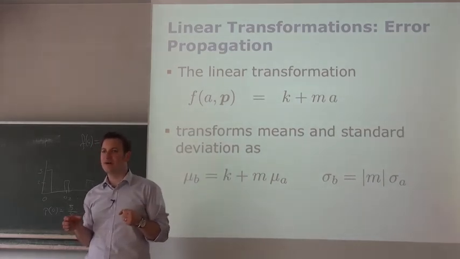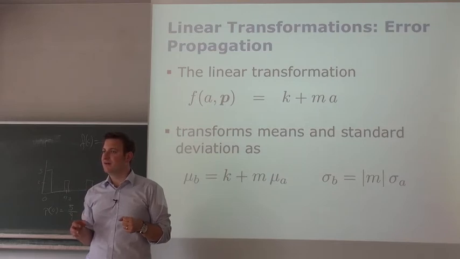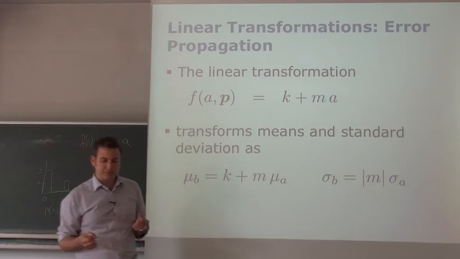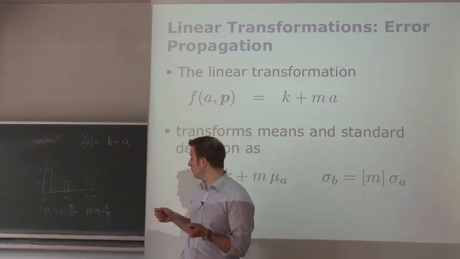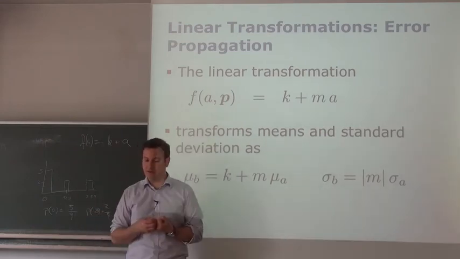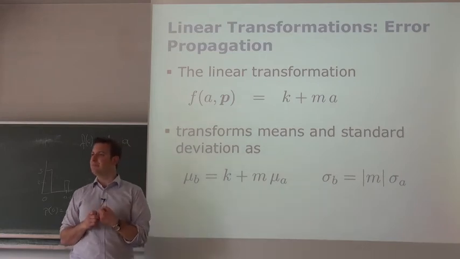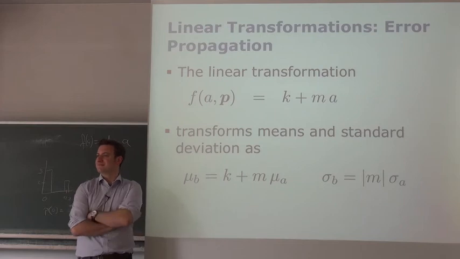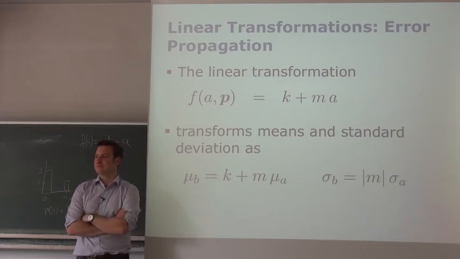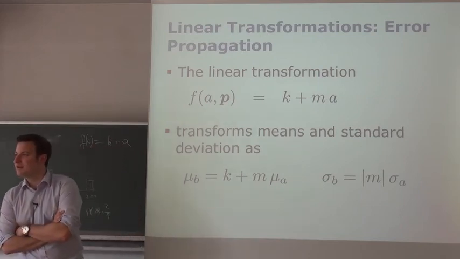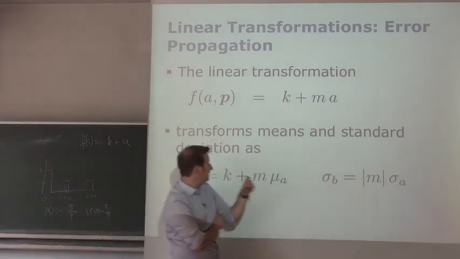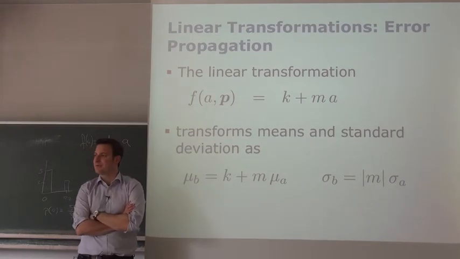I told you that before. This leads to increased contrast of the image. And if we have a value between 0 and 1 for m, it decreases the contrast. What happens if I set m to minus 1? Nothing. It doesn't change the standard deviation, but it changes the mean. Right?